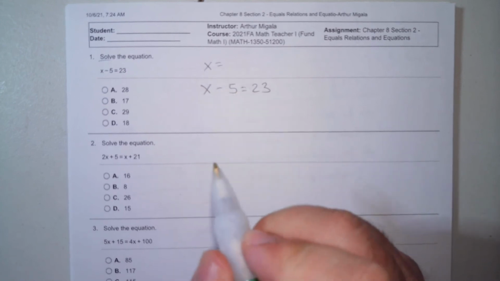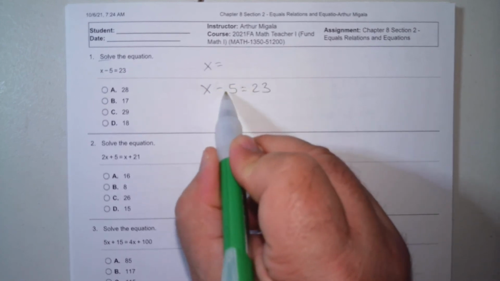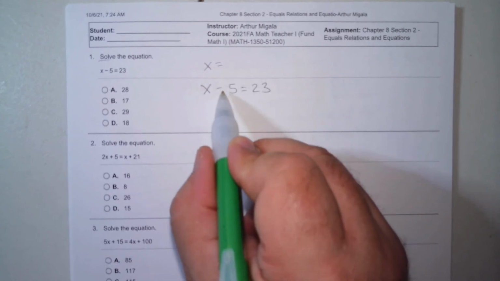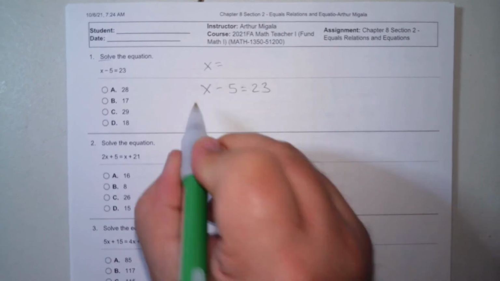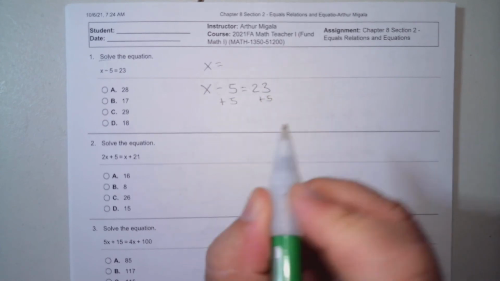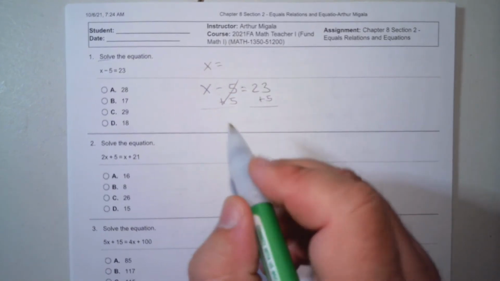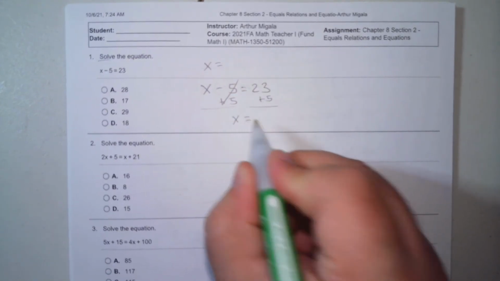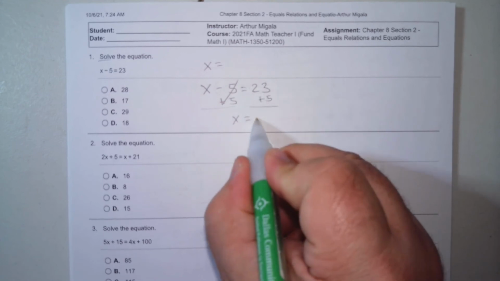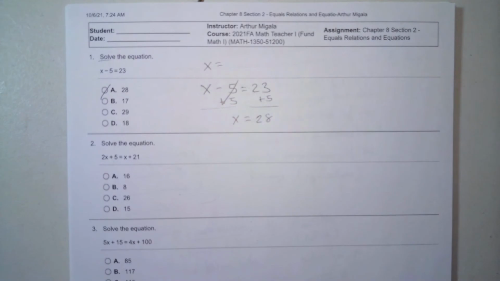So how do we get rid of the 5? There's a negative 5 here. To get rid of that, we have to add 5 to both sides. That becomes 0. 23 plus 5 is 28. So the answer is 1, A.